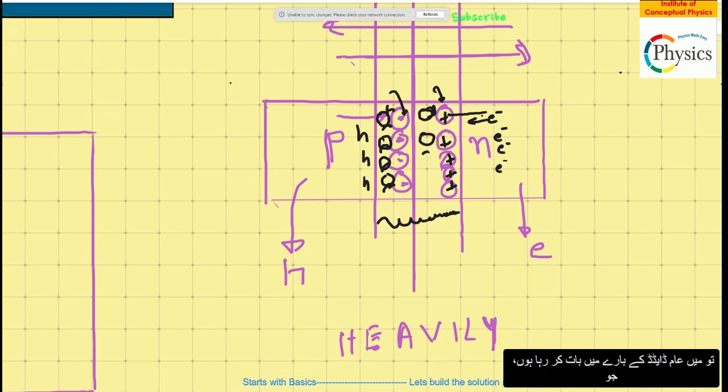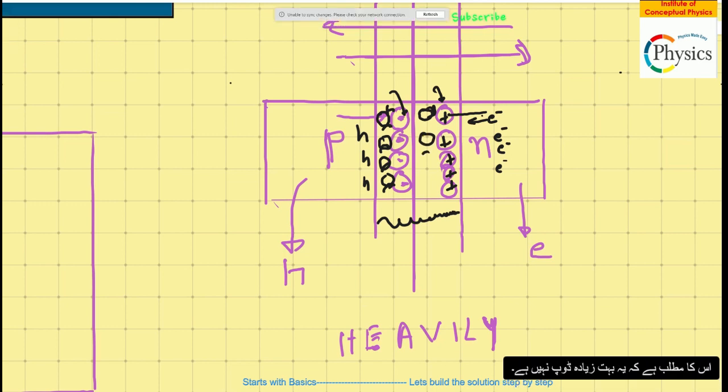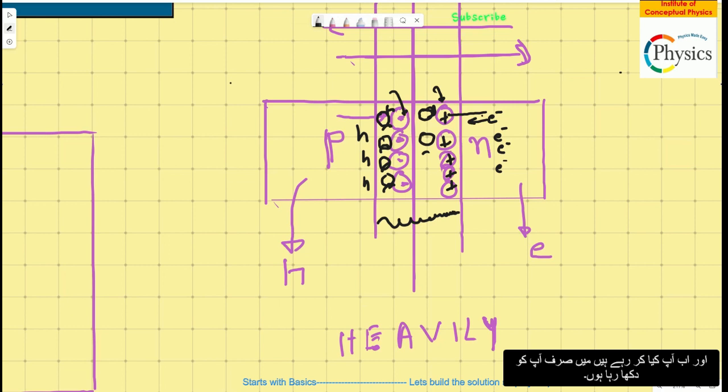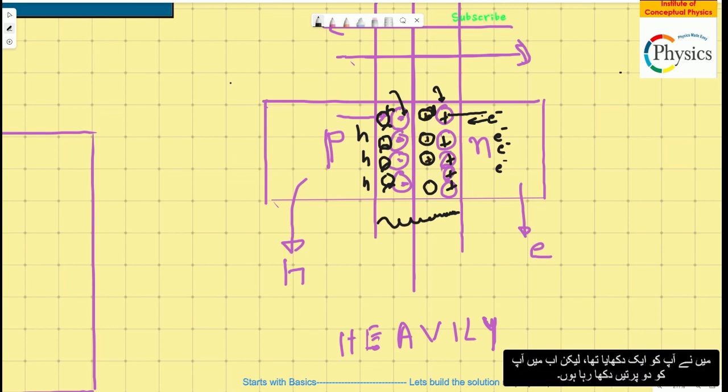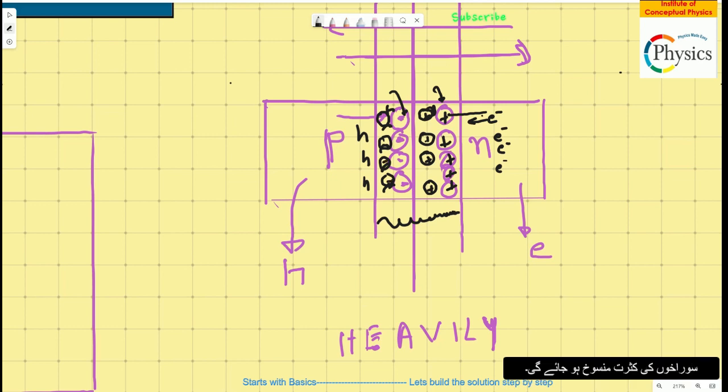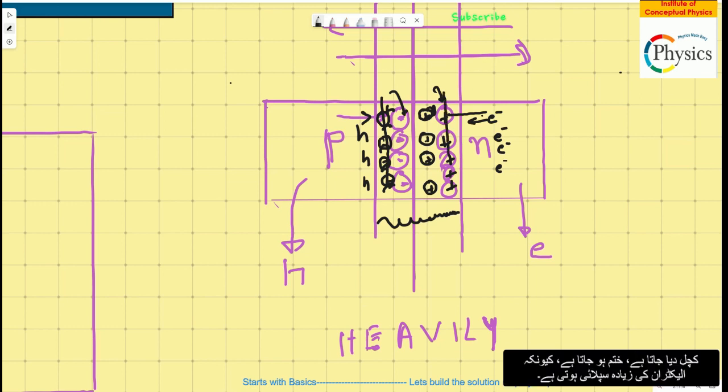Okay, so I'm talking about a normal diode, which means it is not heavily doped. I'm just showing you the normal diode first, which has two layers of ions in it. On the left hand side, I did show you one, but now I'm showing you two layers. The overabundance of holes will cancel out one of the layers, hypothetically. So this whole layer will get crushed, and then maybe this whole layer also gets finished, because of the oversupply of electrons.